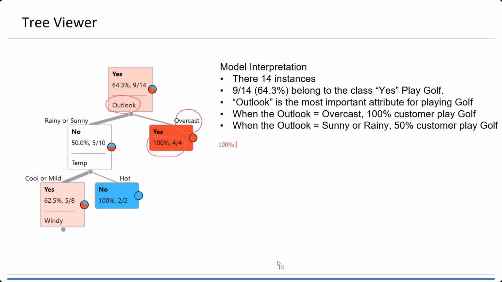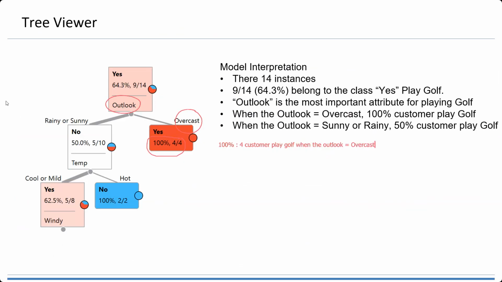So it means there are 4 customers who play golf when the weather outlook is overcast. When the outlook equals overcast. Okay.